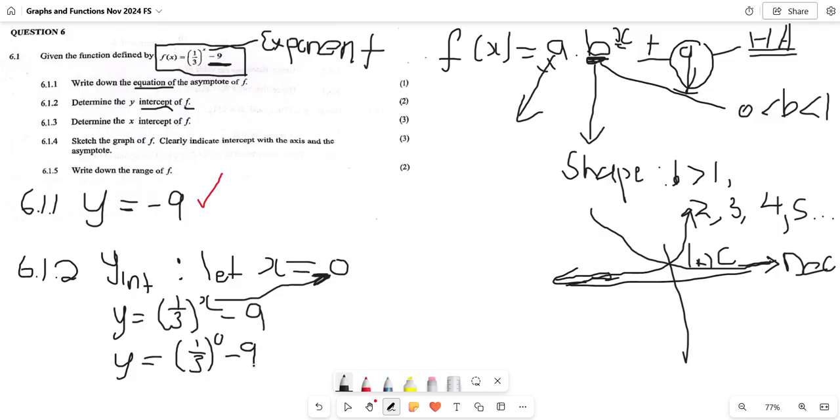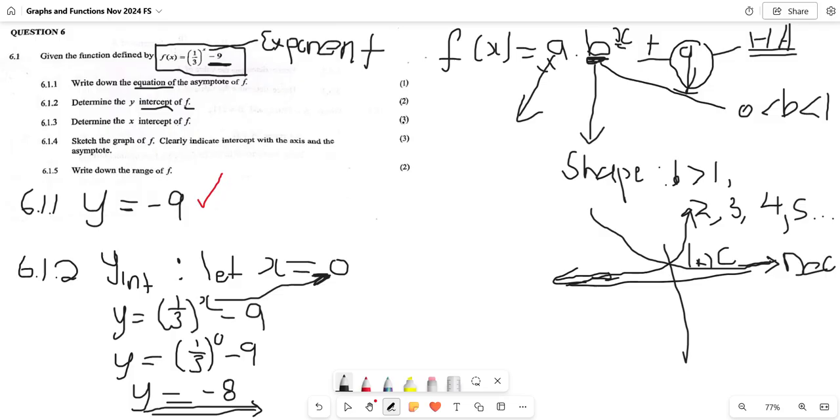From the laws of exponents, any base raised to 0 is 1. Then 1 minus 9 is negative 8. It means our y-intercept will be equal to negative 8.